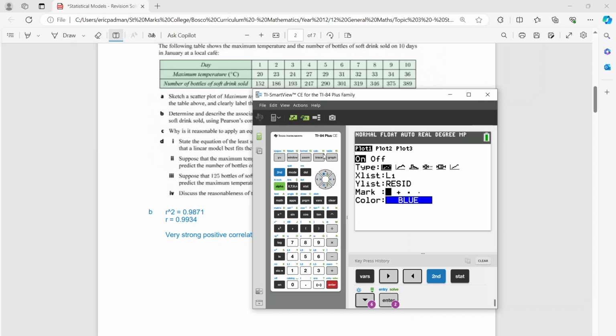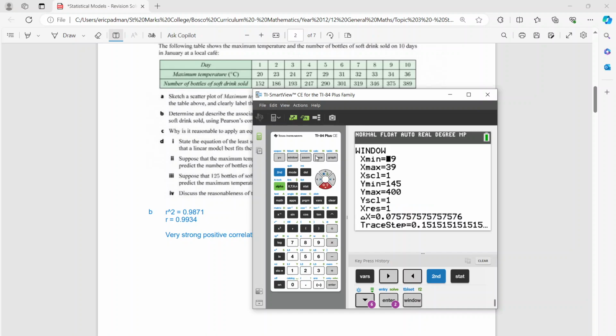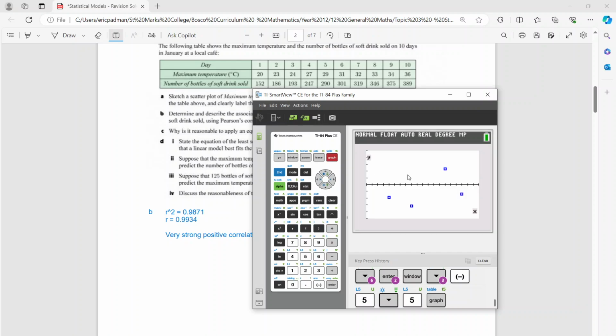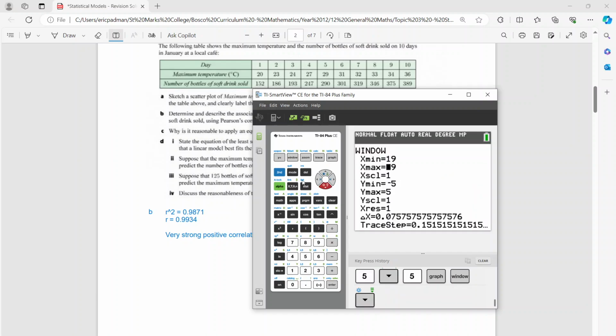We're also going to have to change our window. So you have to do this with negatives. I'm going to go -5 and then +5 for the y and see what happens. So we're now going to look at our residual plot. Okay, I don't see enough points. Let's make our y a little bit larger. Window -10 to 10.